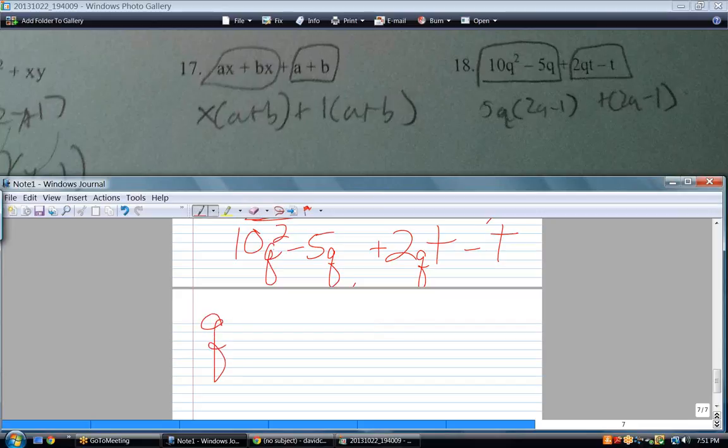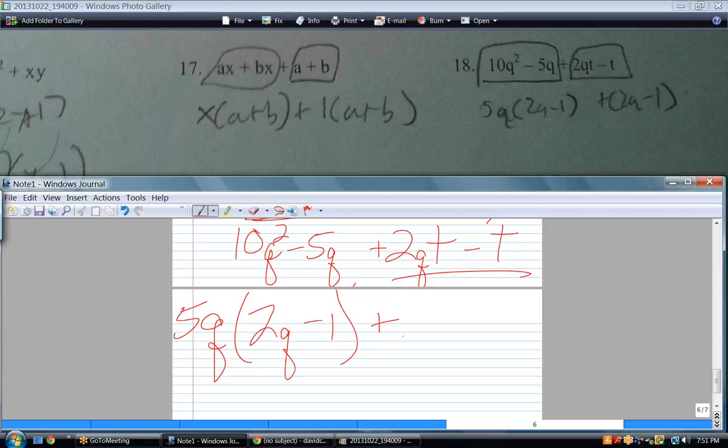So I'm going to factor out a 5q from that, giving me 2q minus 1. And from this group, we're going to factor out a t, leaving 2q minus 1.